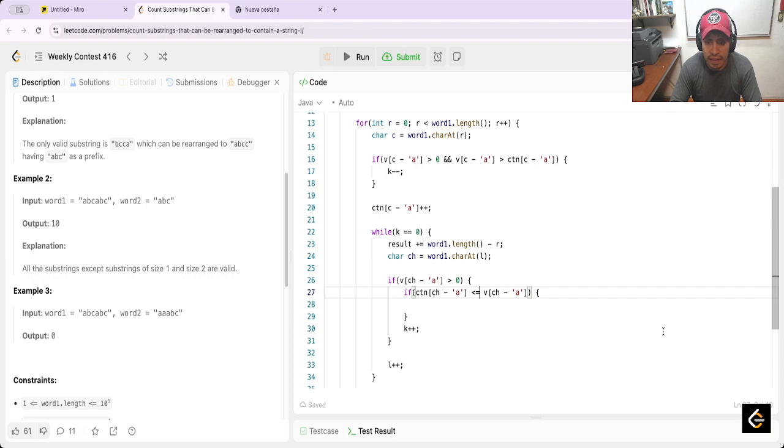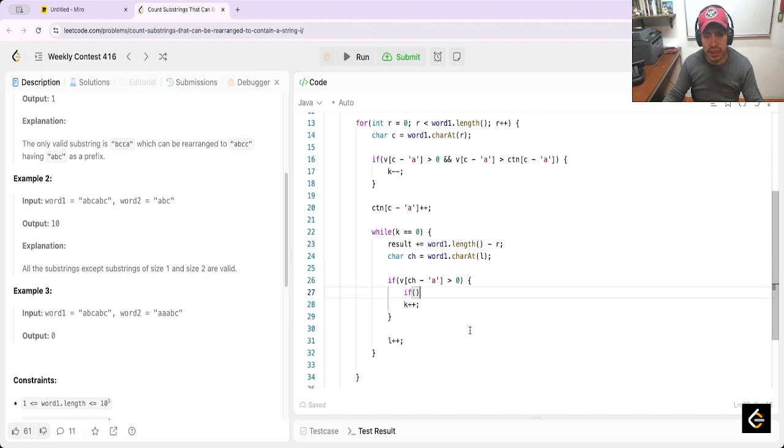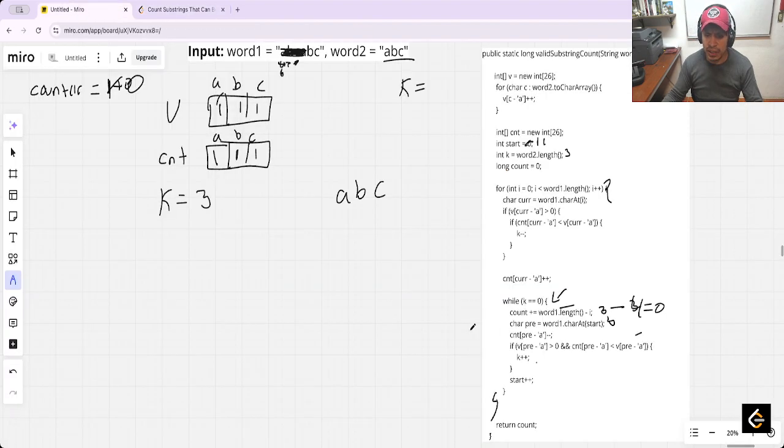And well, I need to check the answer because here it's not clear for me. What? I was right. What is the problem? L++. I think maybe it's for this.